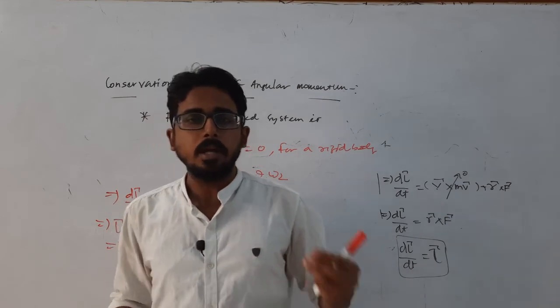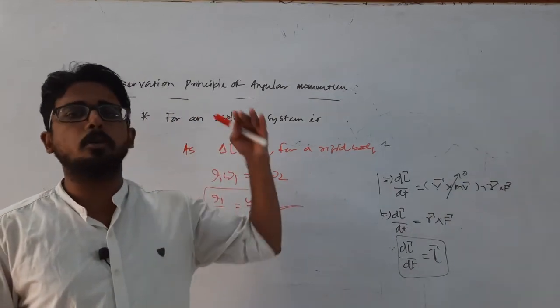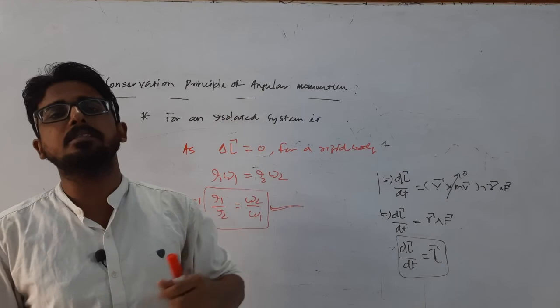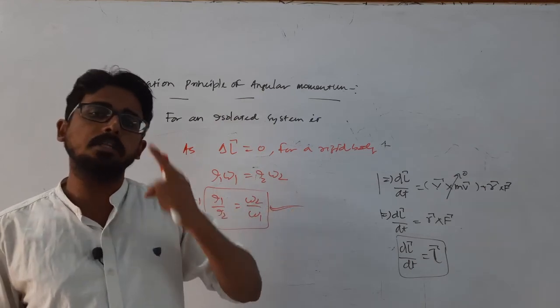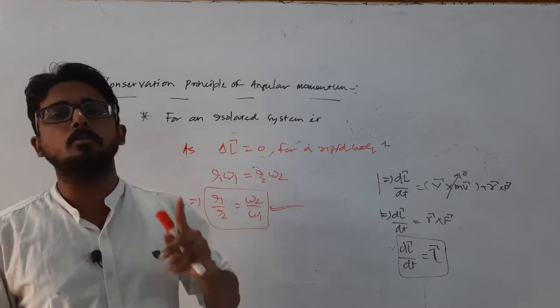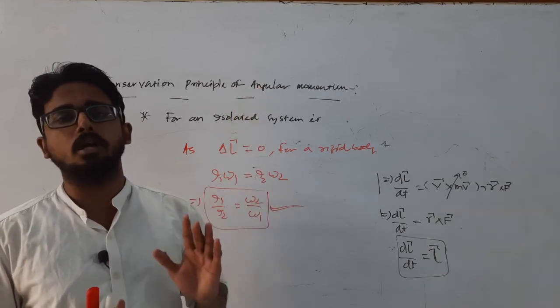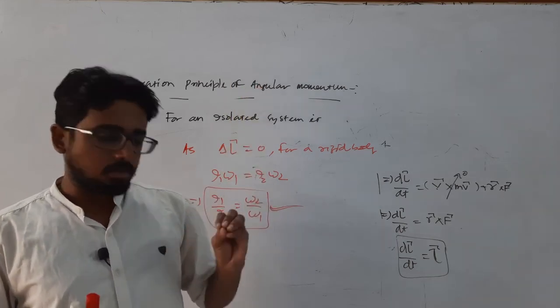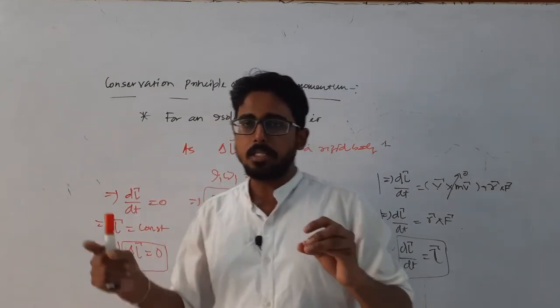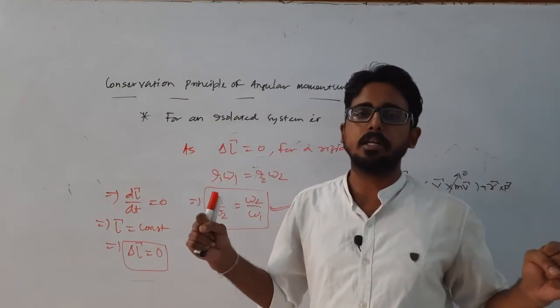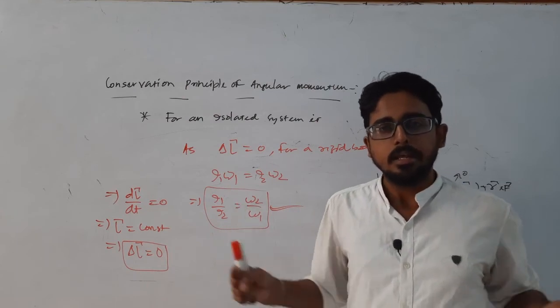Again, when a cat or dog jumps from a certain height, they stretch their body along with their tail to increase the moment of inertia, so that they can land safely by decreasing the angular velocity. Clear? Because the angular momentum is constant, when they jump by stretching their body parts, the mass distribution increases.